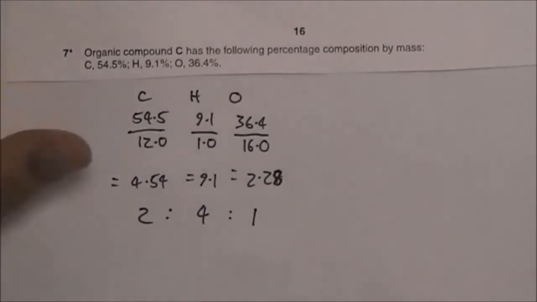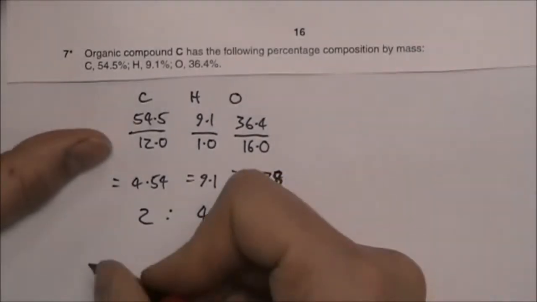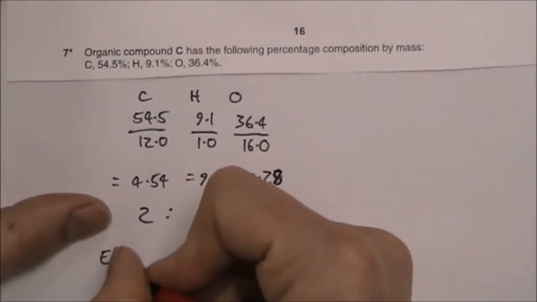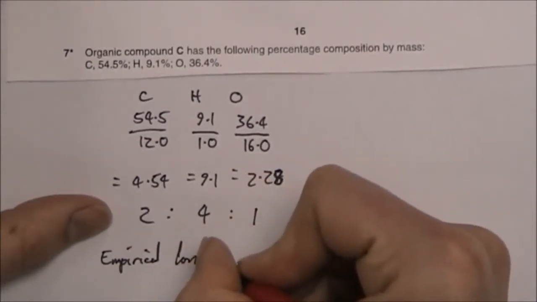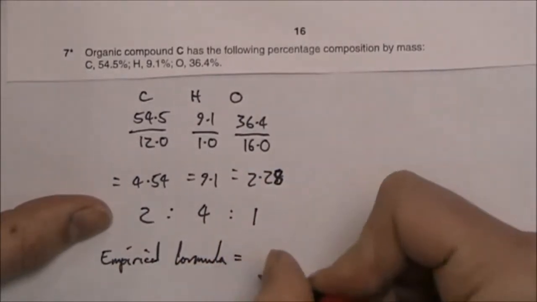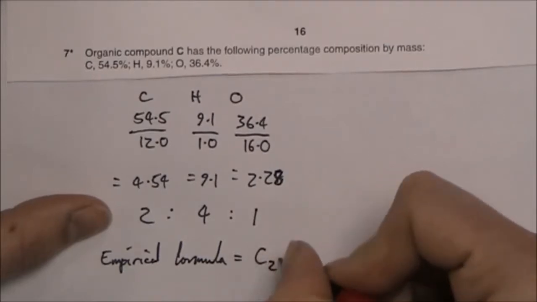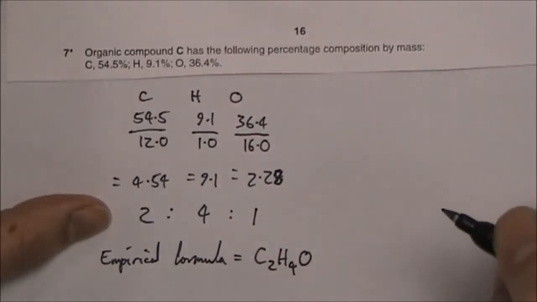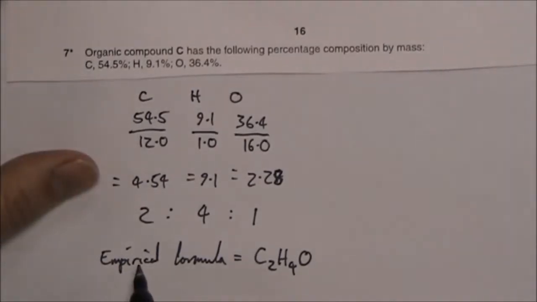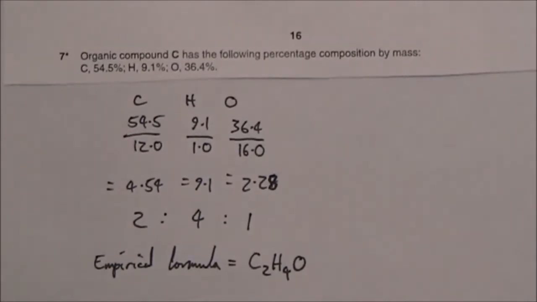Okay, and that ends up with our empirical formula as C2H4O. Now it's important to write in empirical formula equals that, because it makes it clear communication.